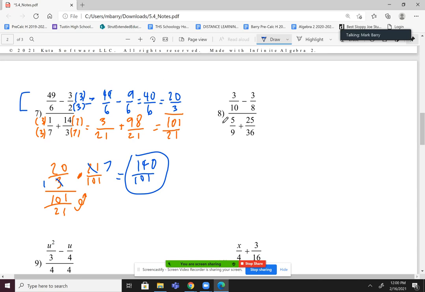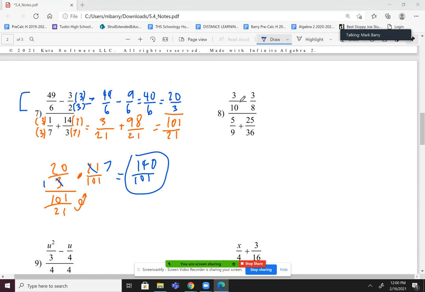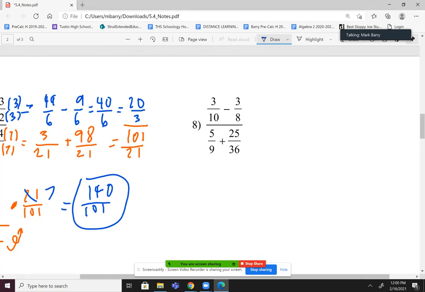Okay, so number 8, same idea. We got to do the subtraction up top first. I got to get a common denominator. So common denominator here, I could do 80, but I could also do 40. I can turn these both into 40. So I'm going to do that. I'll keep the numbers a little smaller. So to change this to 40, I got to multiply it by 5.